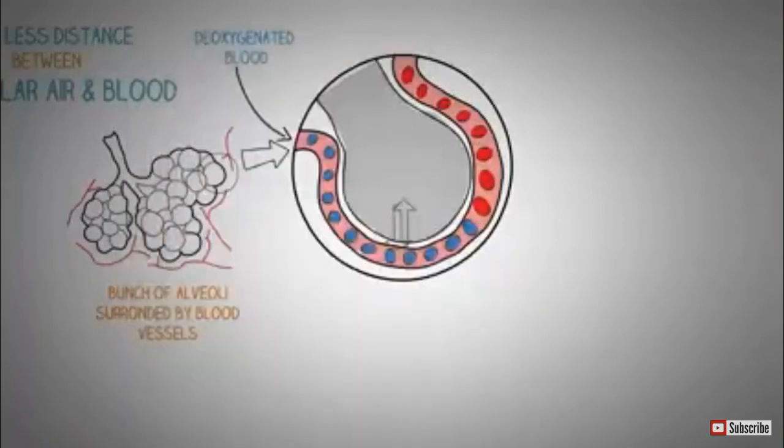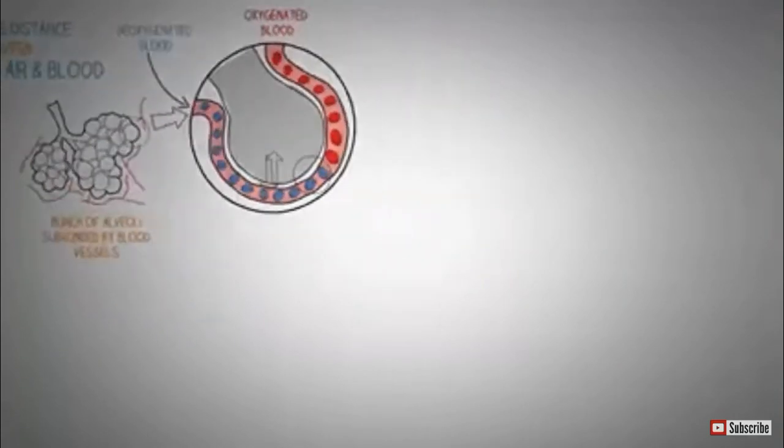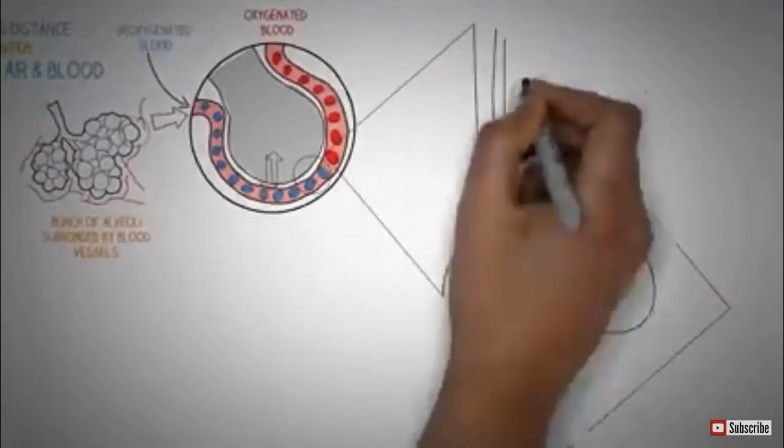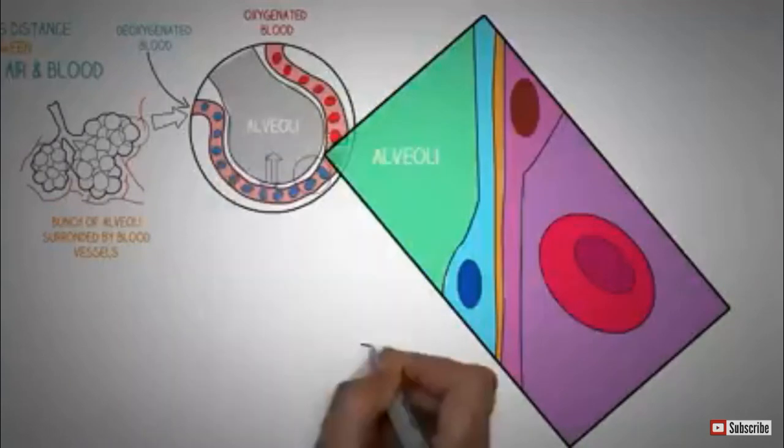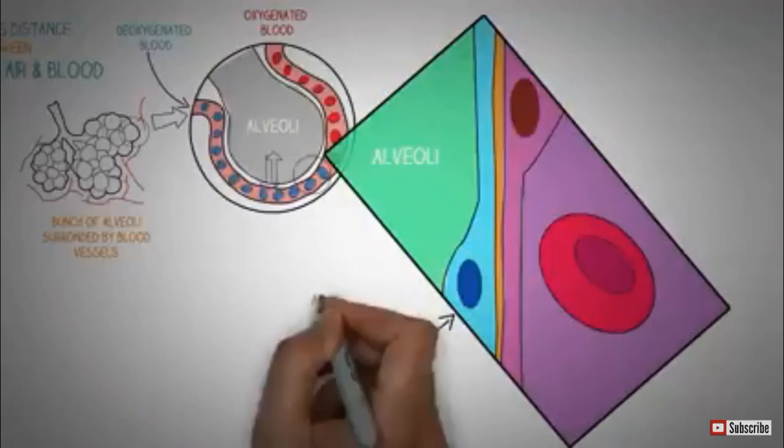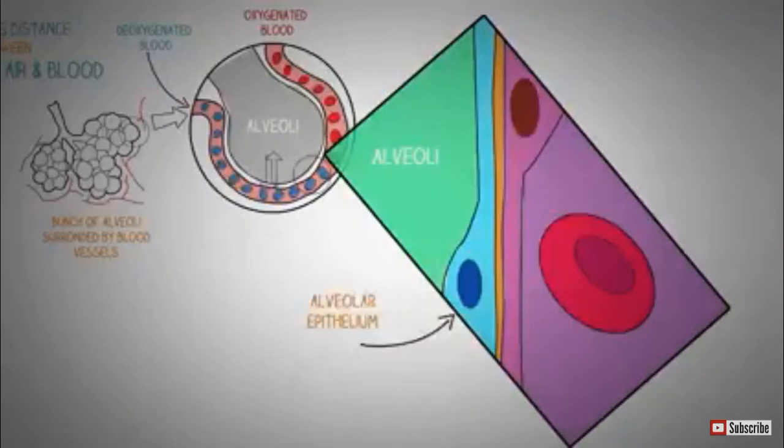blood. In these capillaries, the deoxygenated blood enters from one side. It exchanges the gases with the alveolar air, and finally oxygenated blood is released from the other side. If we take a closer look at the junction between the alveolus and the capillary wall, you can see that the green side represents the space inside the alveolus. The cells in sky blue represent the alveolar epithelium.